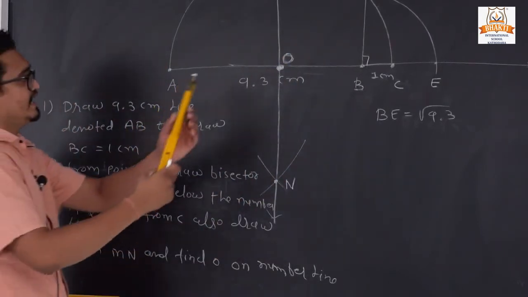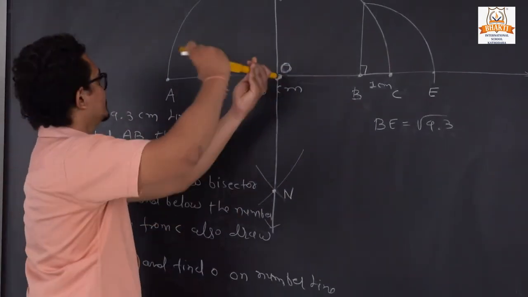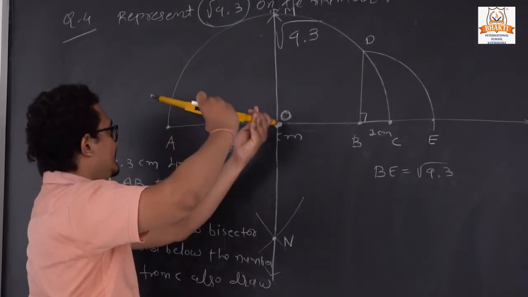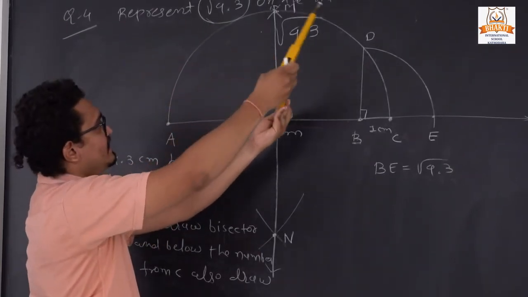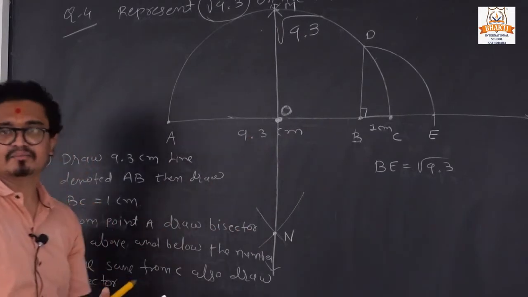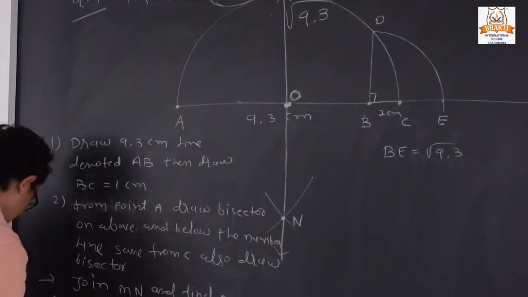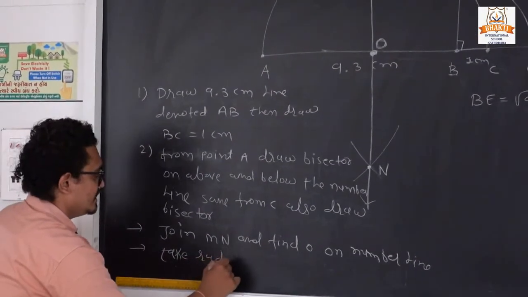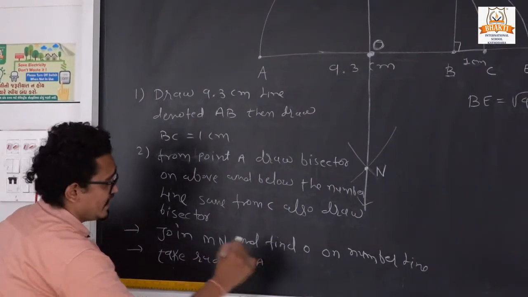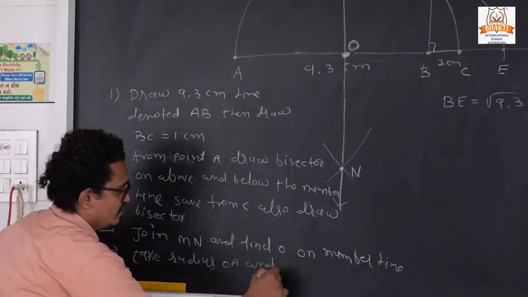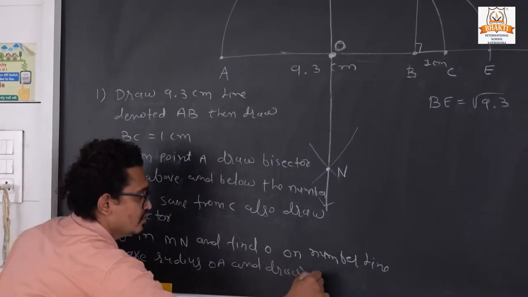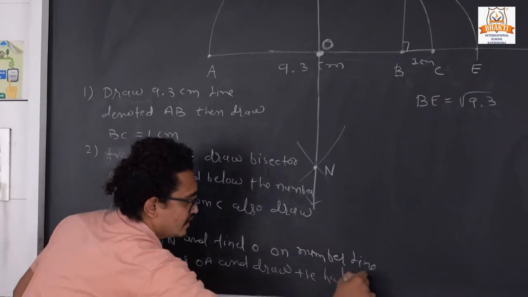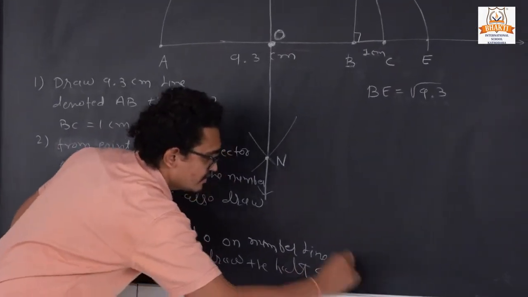So now we take the radius OA and draw the half circle.